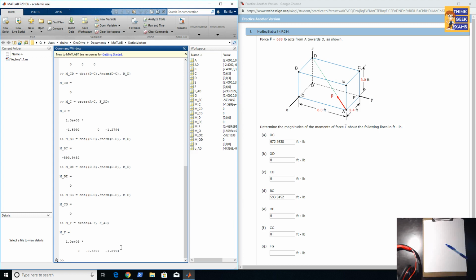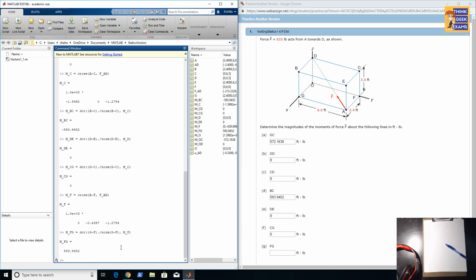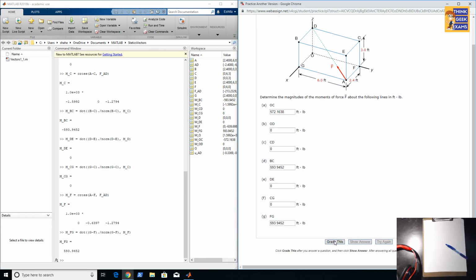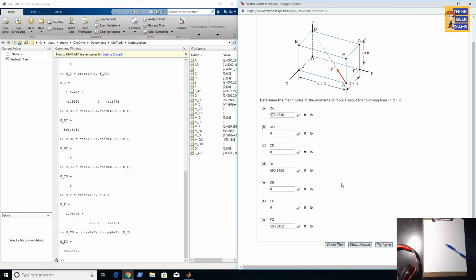Okay, and then we're going to find MFG, FG, F, and it's 593.9452. And that is the final answer. Let's check the answers, and they're all correct.